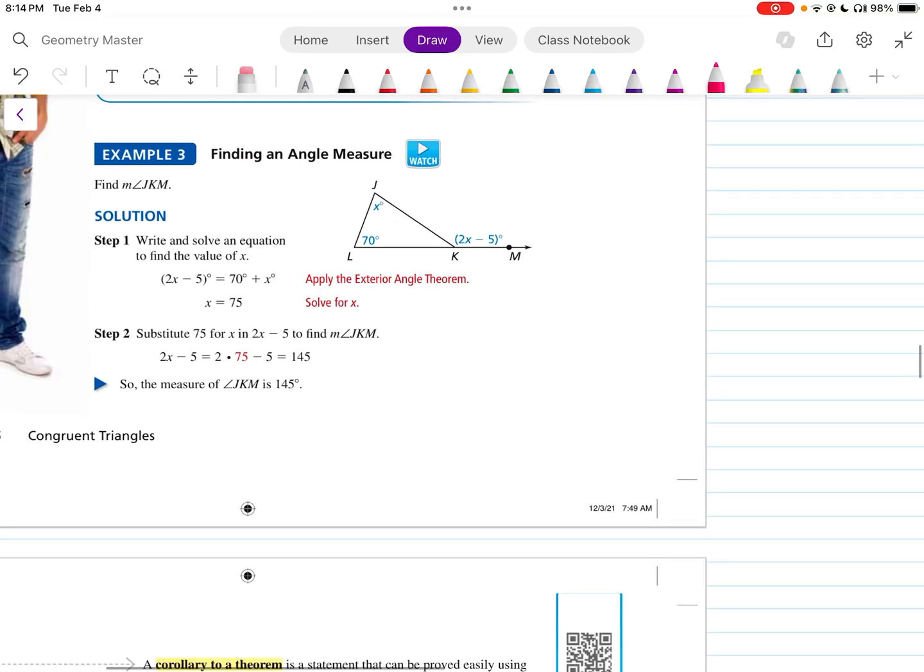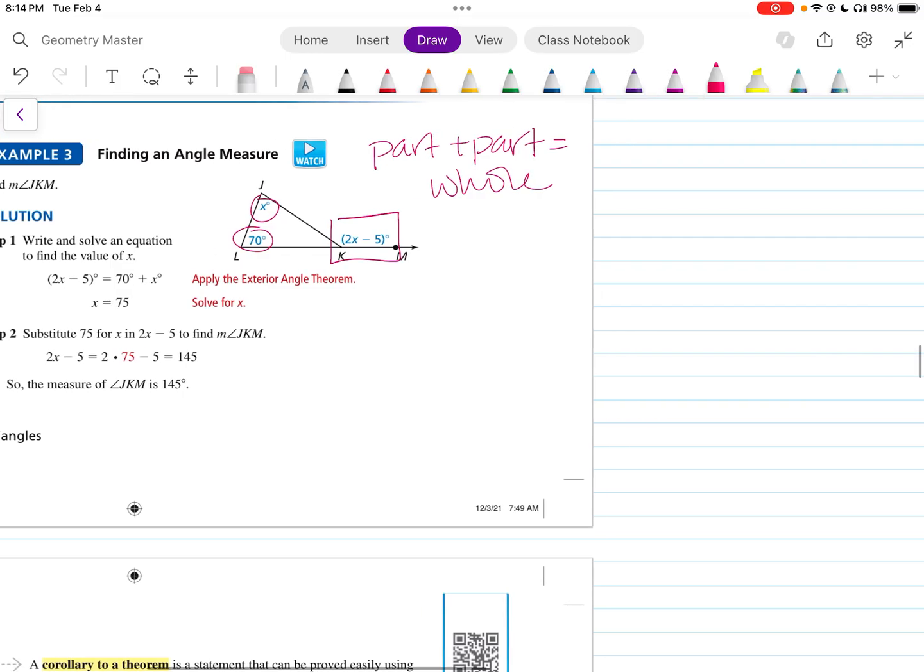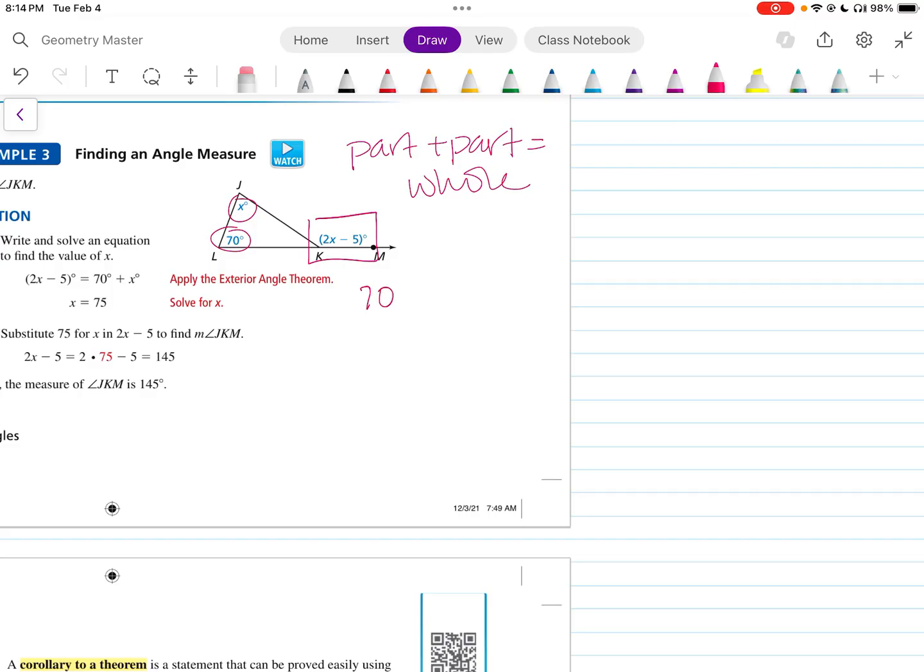So how can we find that? Well, we go back to, from our very first lesson, part plus part equals whole. In this case, one of our parts is 70, one of our parts is x, and what they equal is 2x minus 5. So 70 plus x equals 2x minus 5.